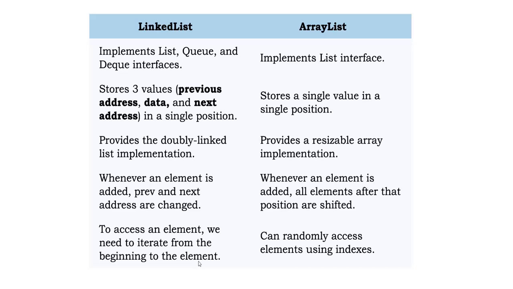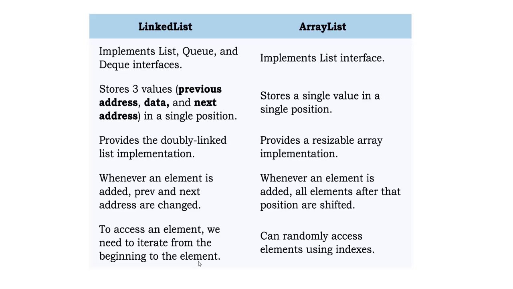It will find the first, and first will find the second, second will find the third. So like this, it has to traverse and finally find the element which we want. So that's the reason if you want to get any of the elements, then it is not preferred to use linked list.